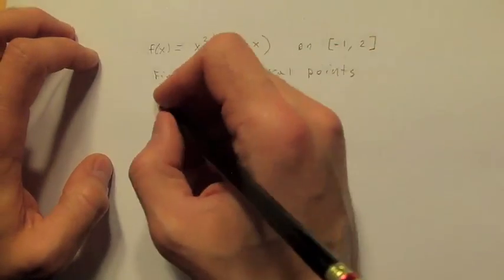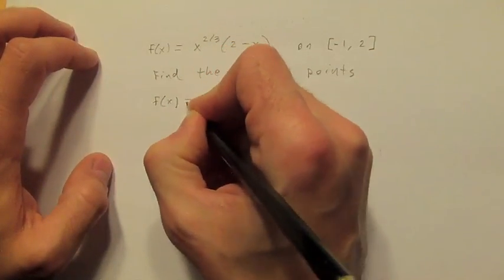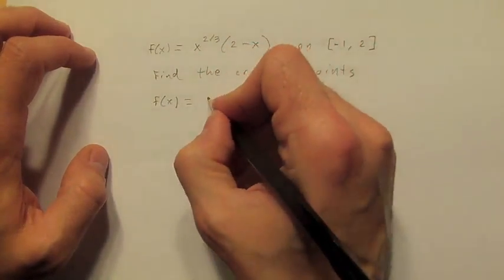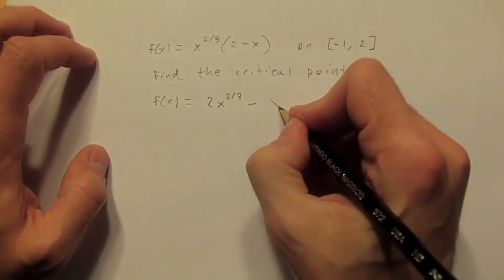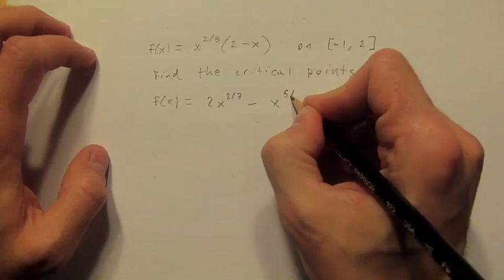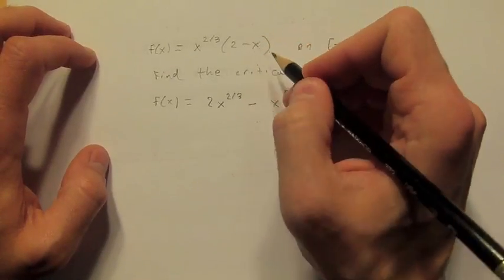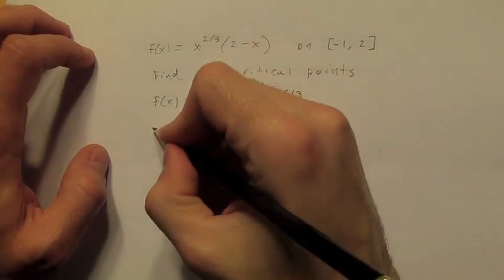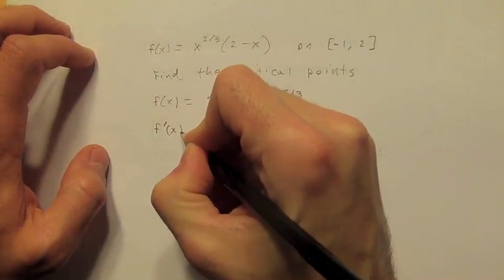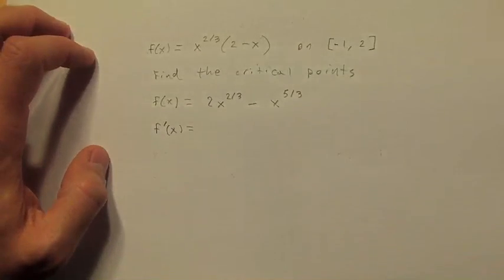I'm going to go ahead and distribute this across, so that f of x is equal to 2x to the 2/3 minus x to the 5/3, because this is x to the 1. When you distribute that across, you get x to the 5/3. Now it's just power rule, so this saves me from having to do the product rule.